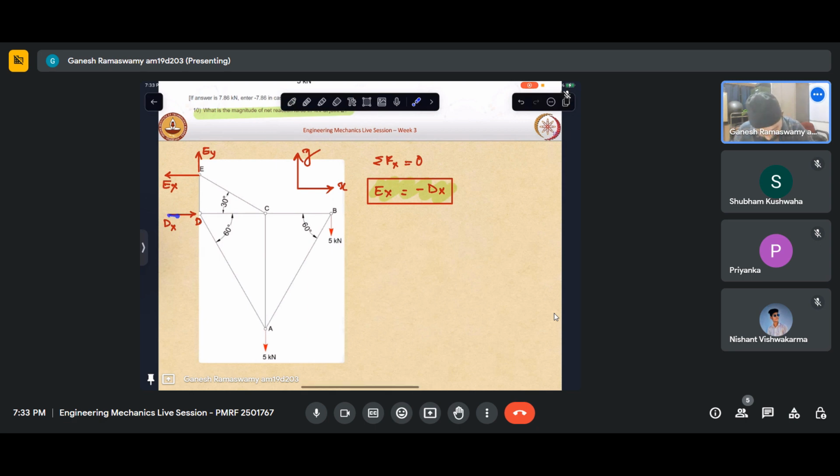So we have dx like that, ey like that. So this creates a clockwise couple, and these two forces create an anti-clockwise couple, and these two forces create a clockwise couple. Okay, so about D, if I take moment of these two forces of the external loads, what will that come out to be?